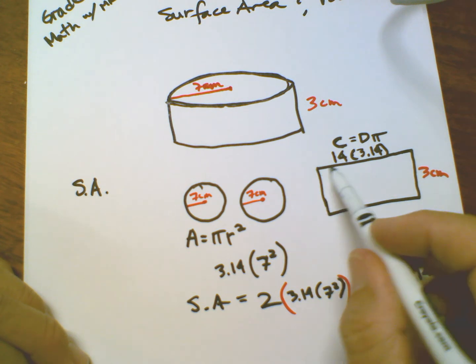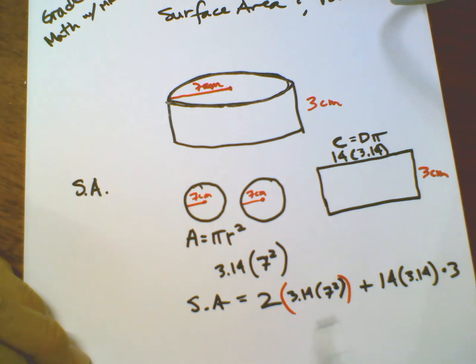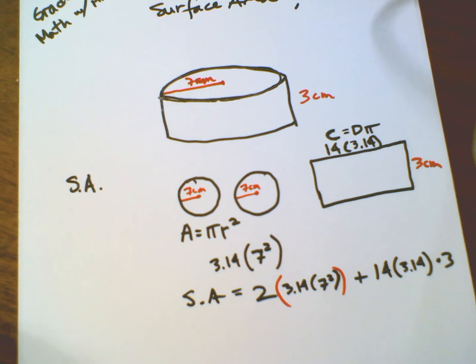The area of a rectangle is length times width. So if you do all the number crunching, you should come up with the right answer. I'll let you finish that one out.